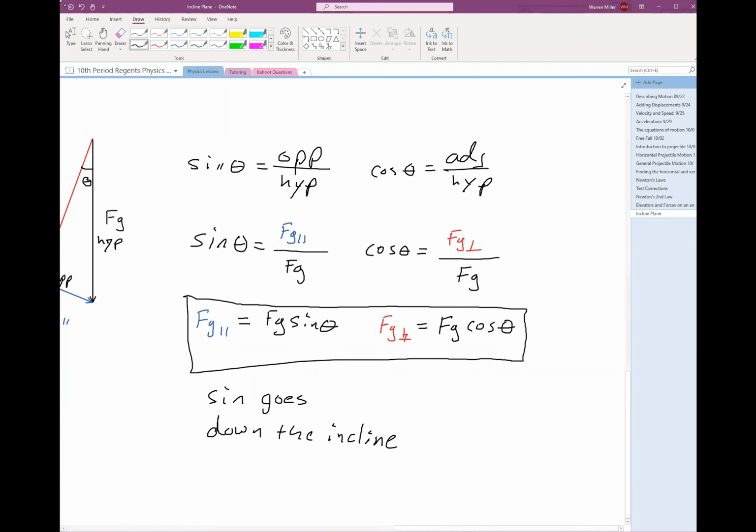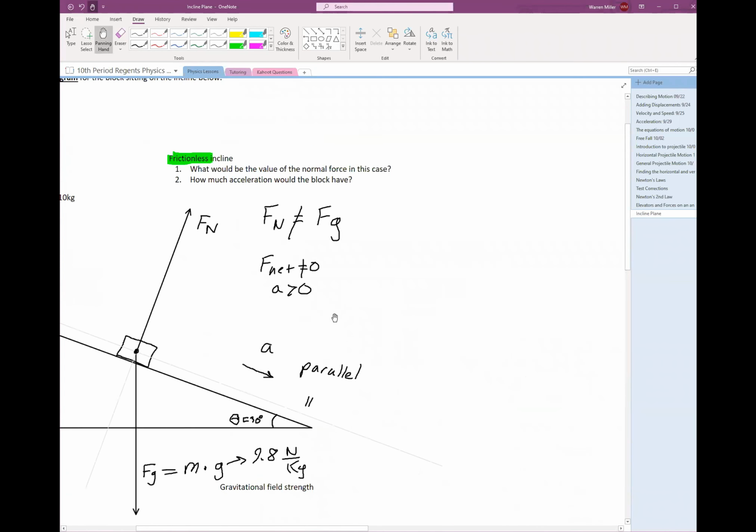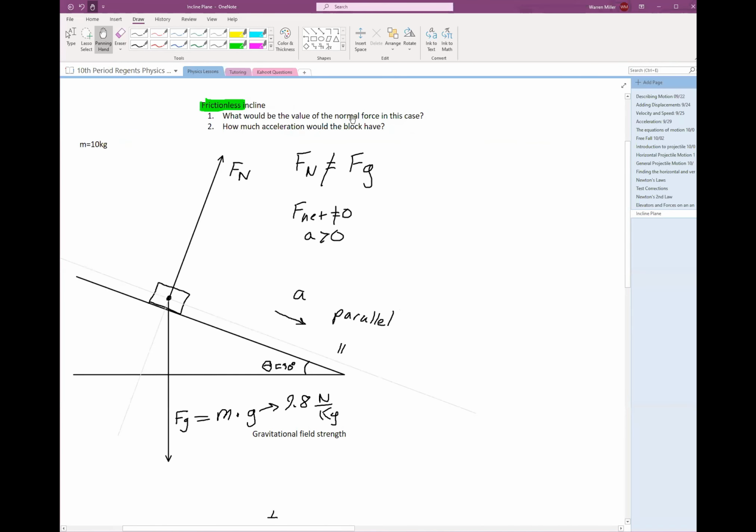Now we can see exactly how to solve for the pieces of the puzzle, right? If I want to find the normal force for this case, for example, I would write that the normal force Fn is equal to Fg perpendicular, right? So that's equal to Fg cosine theta.